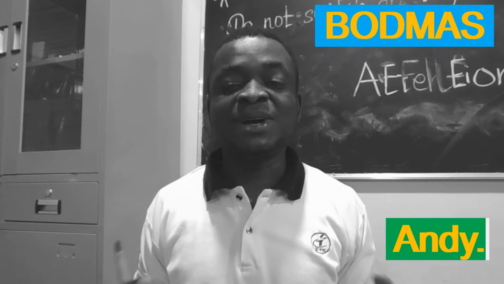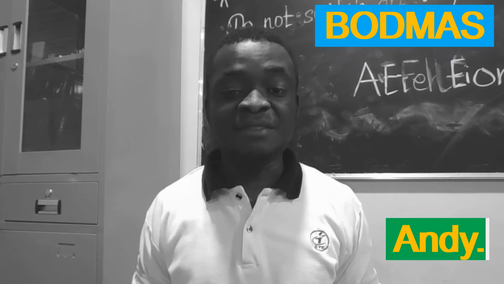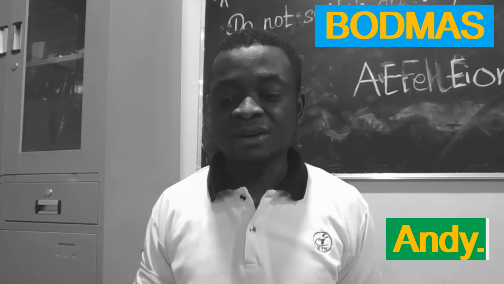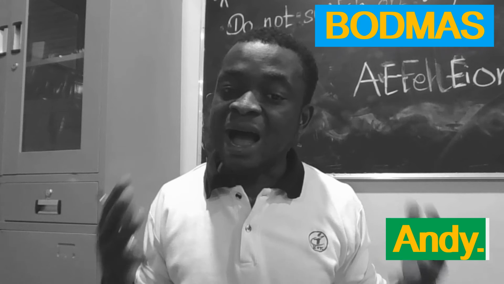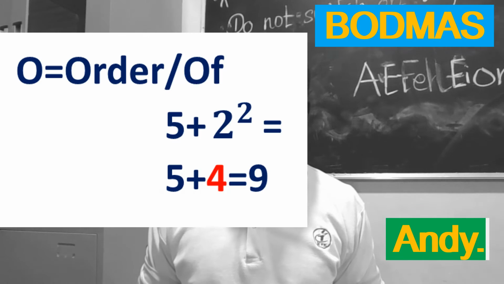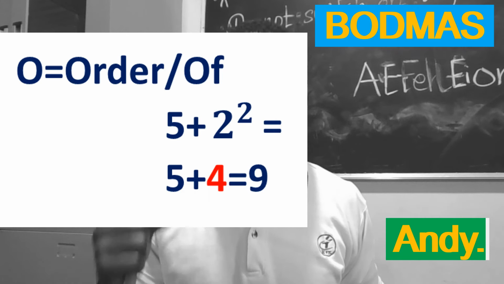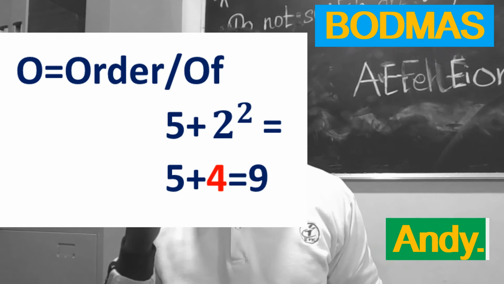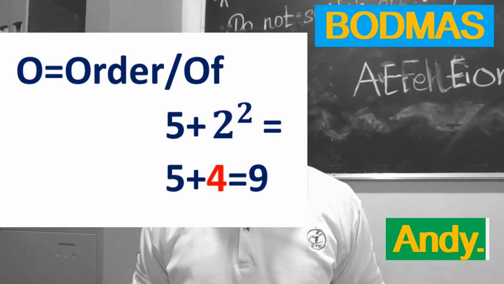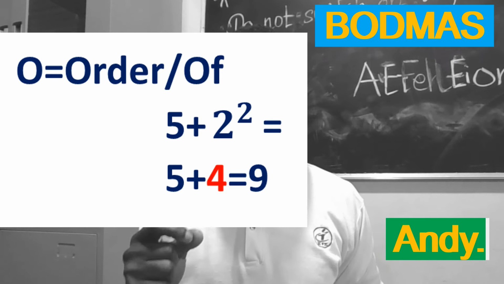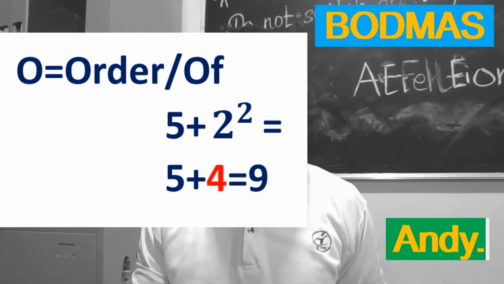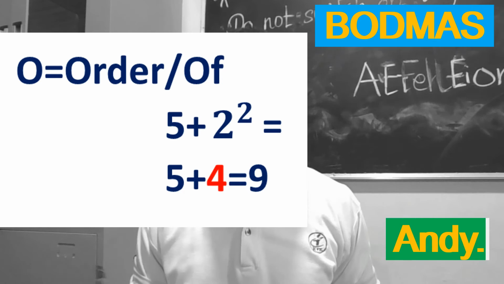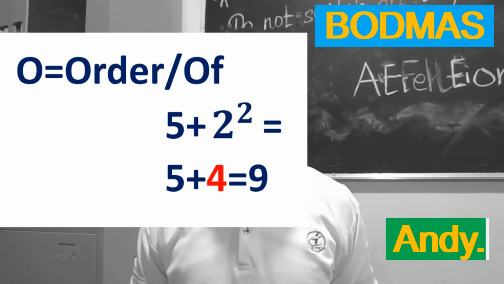So BODMAS is telling you that if you have any mathematical expression, and after dealing with the bracket there's an exponent, deal with the exponent as the second order. So you deal with the second order, that is O, the exponent, order, of, and what have you.